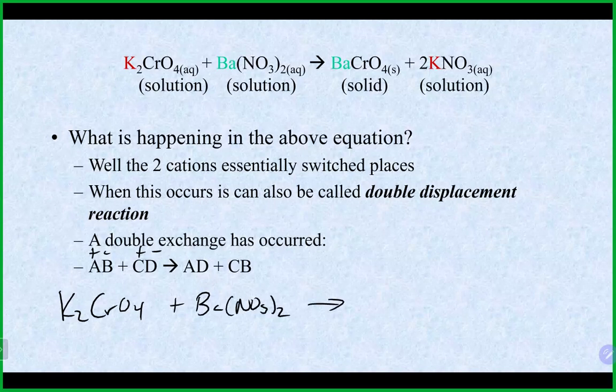Remember that when you're predicting formulas on the other side, you want to always make sure that you get the correct formula first and then balance it. So what you want to think about is what are the basic units of this compound? The basic 2 ions of this one is a potassium ion, which is really just K+, even though there's 2, and the basic ion of the chromate is this one. Those are the 2 basic ions of that compound.